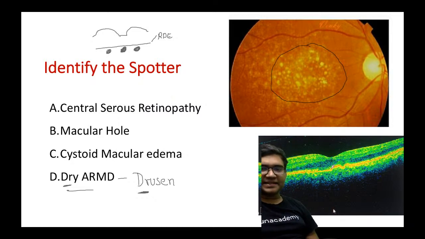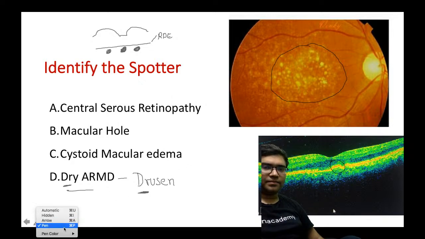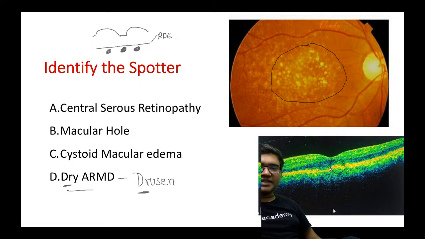Everyone give me a thumbs up if you can see here. So there is an elevation of RPE. If you can see my cursor, this yellowish orangish layer is called retinal pigment epithelium.